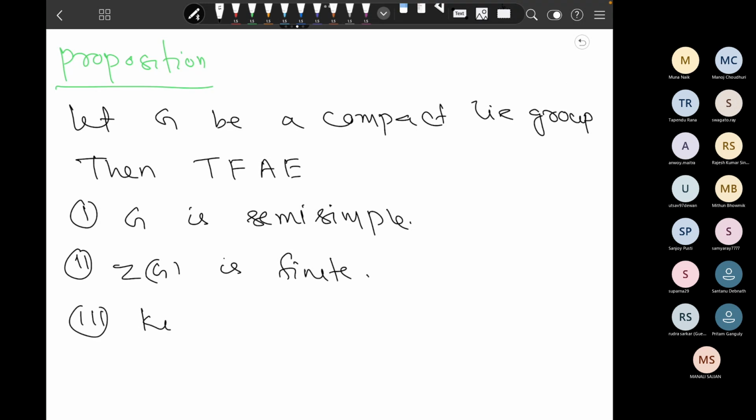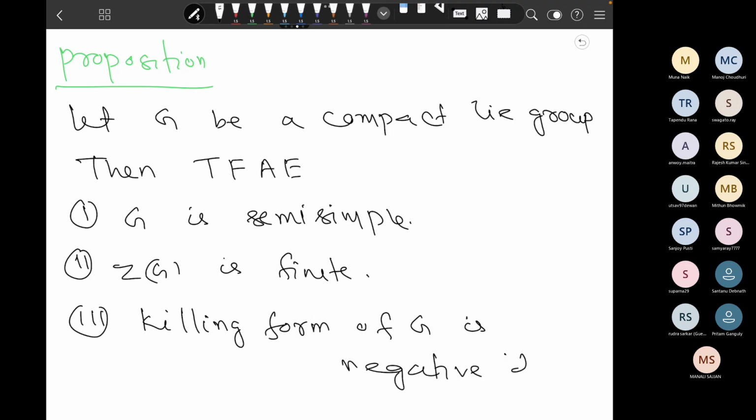The third, the Killing form of G, meaning the Killing form of the Lie algebra, is negative definite. I have proved part of this theorem.